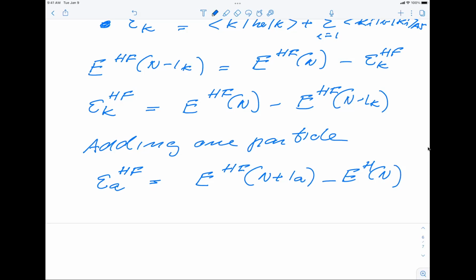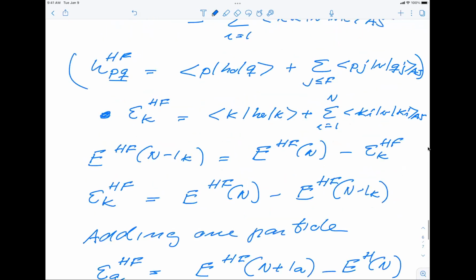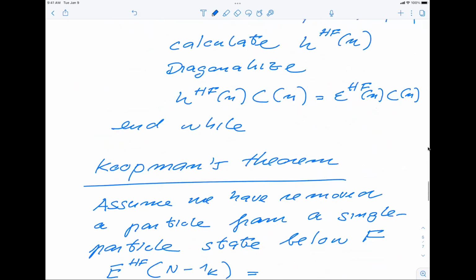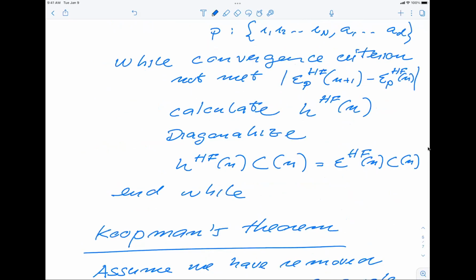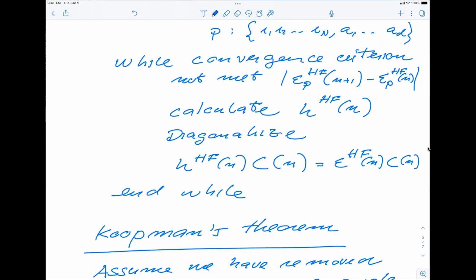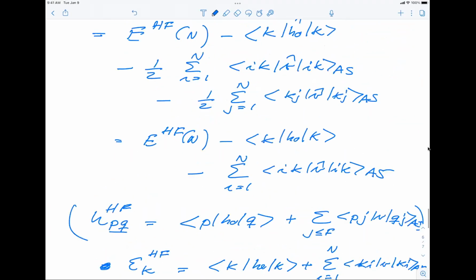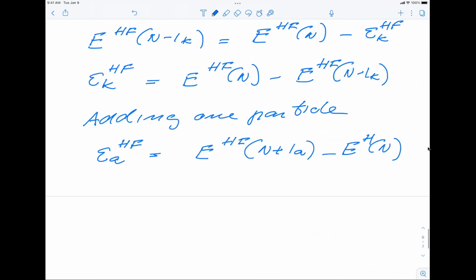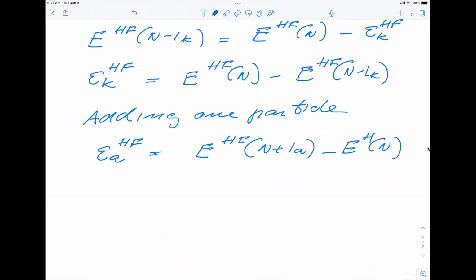So besides the convergence criterion you set up in the Hartree-Fock method, you also have to test convergence as a function of the total number of single particle states. That's a very important convergence criterion.